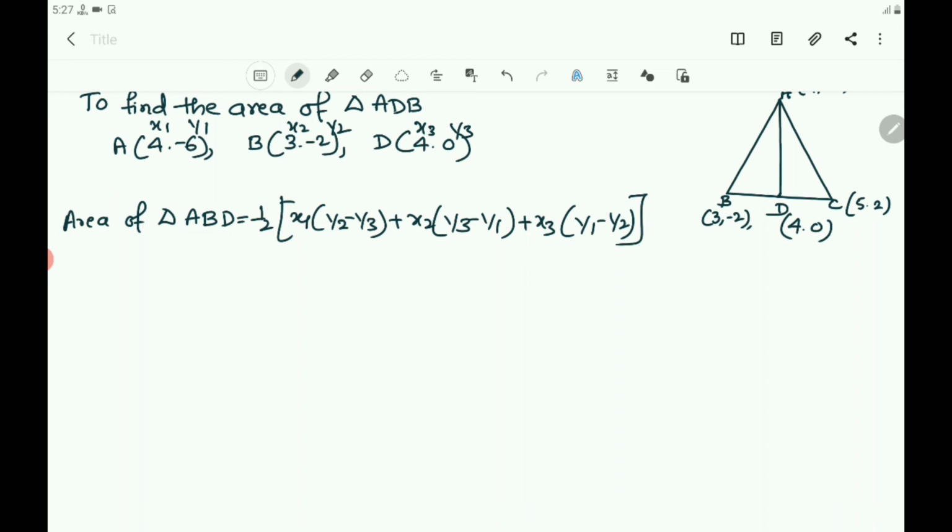Then write the values: 1 by 2 into 4 into (-2 minus 0) plus 3 into (0 minus (-6)) plus 4 into (-6 minus (-2)).